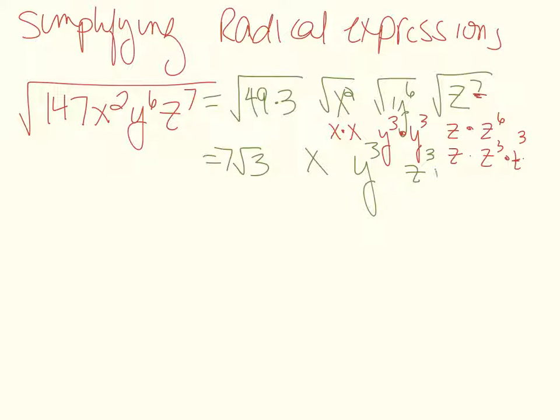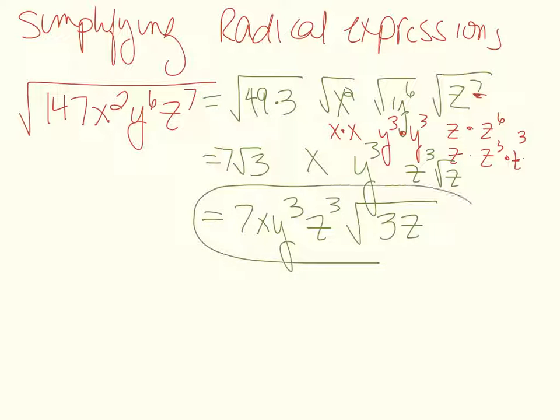So I have z to the 3rd square roots of z. Now we can go ahead and write our answer. Let's collect all the things that aren't under the radical, like 7, x, y cubed, z cubed, and then collect everything that's underneath the square root. 3 and z. So you can do that. That's pretty okay.